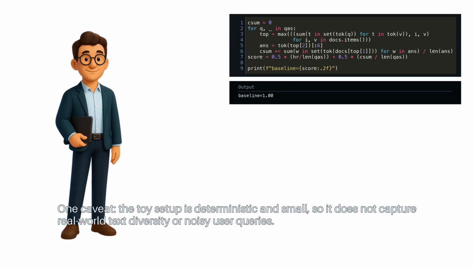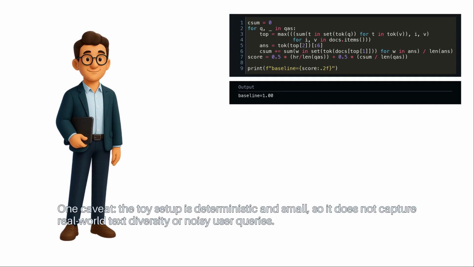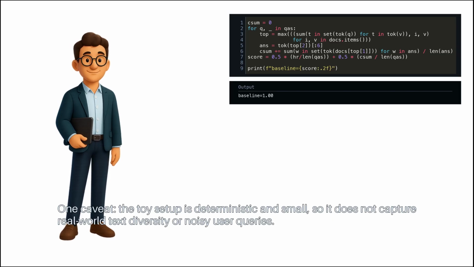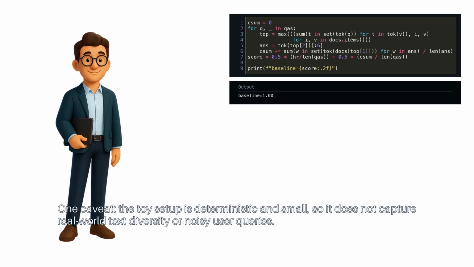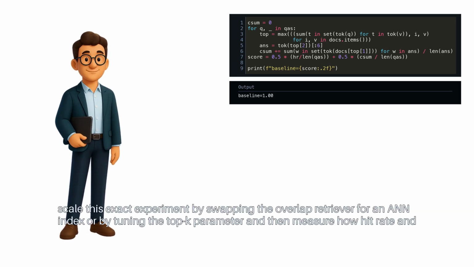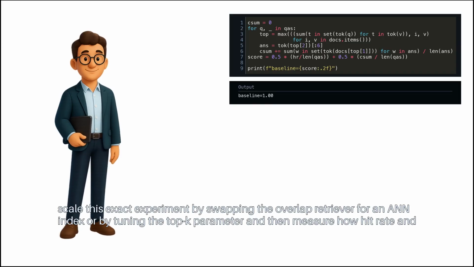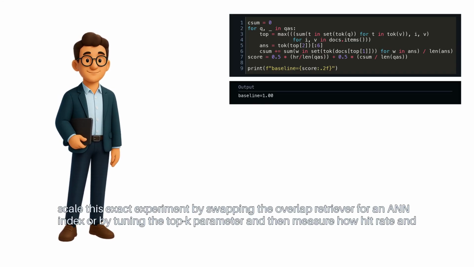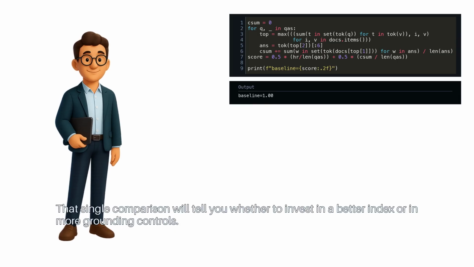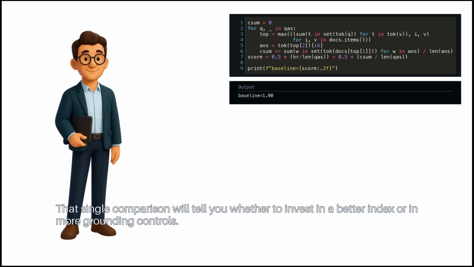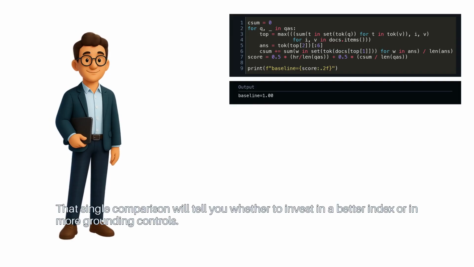One caveat: the toy setup is deterministic and small, so it does not capture real-world text diversity or noisy user queries. Next step: scale this exact experiment by swapping the overlap retriever for an ANN index, or by tuning the top K parameter and then measure how hit rate and coverage change. That single comparison will tell you whether to invest in a better index or in more grounding controls.